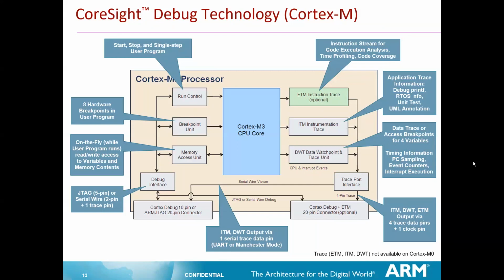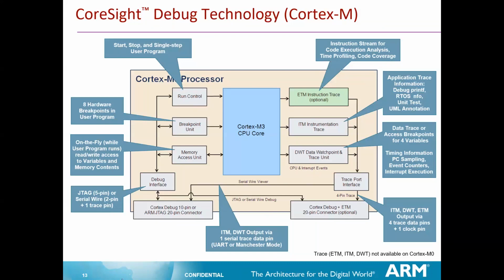If it comes from the ITM block, it will route the trace packet through the serial wire viewer pin, which is one additional trace pin. If the trace is coming from ETM, then it routes to the Cortex Debug plus ETM, which is not a normal debug port. It's the same standard debug port, but it has 5 additional pins for ETM trace.